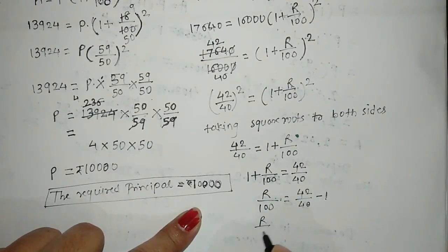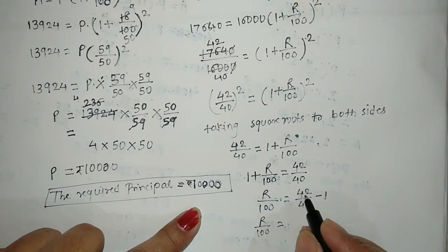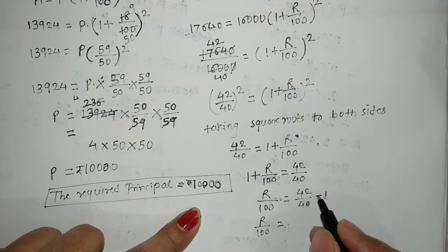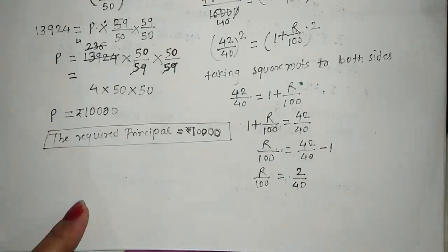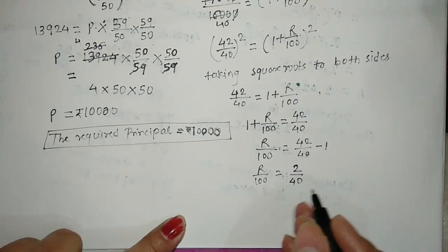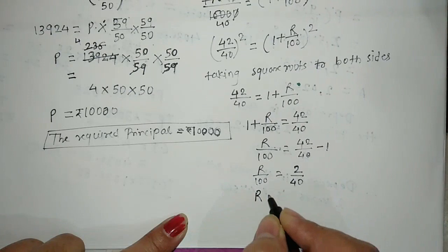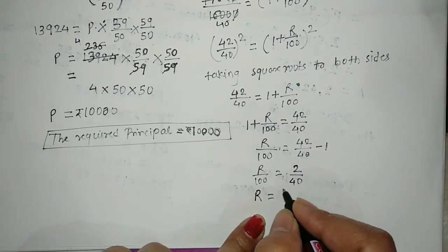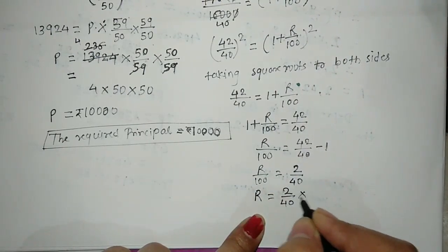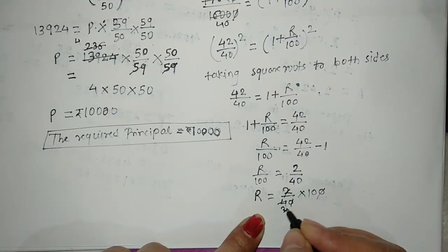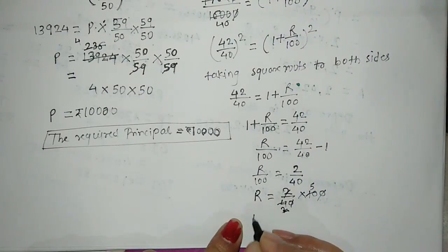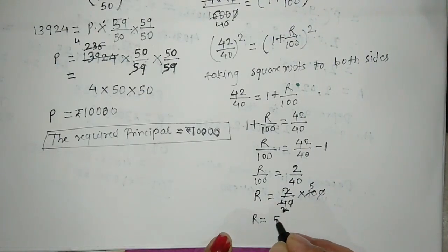So r upon 100 is equal to, 40 ones are 40, 42 minus 40 is 2 upon 40. Very simple. Now this 100 goes to that side. So r is equal to 2 upon 40 multiplied by 100. This 0, 0 cancel. 2 2s are 4, 2 5s are 10. So r is equal to 5%.